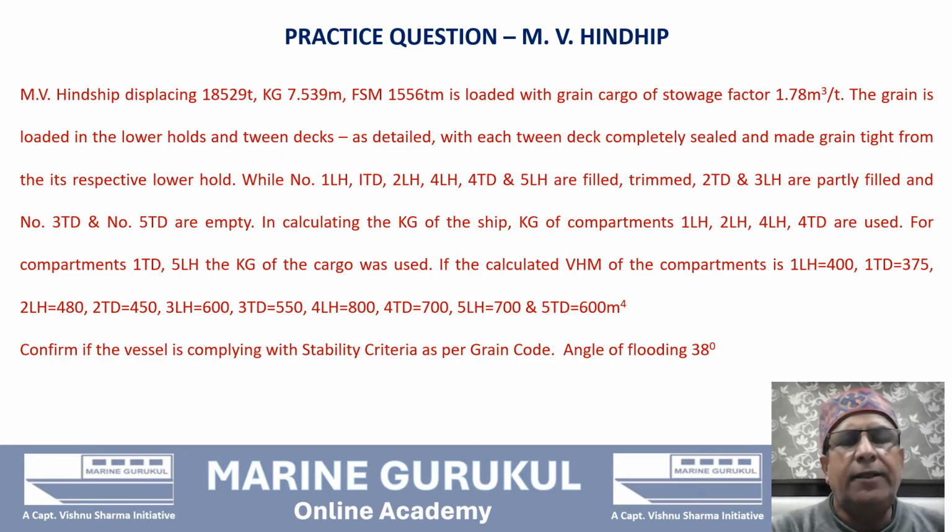In calculating the KG of the ship, KG of the compartments 1 lower hold, 2 lower hold, 4 lower hold and 4 twin deck are used. For compartments 1 twin deck and 5 lower hold, the KG of the cargo was used.